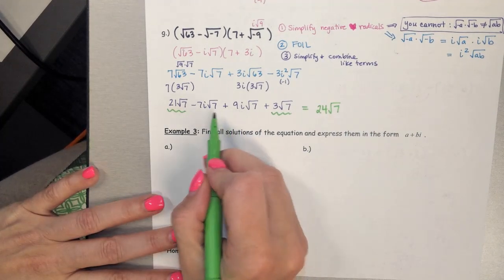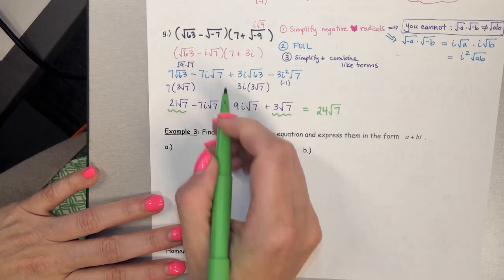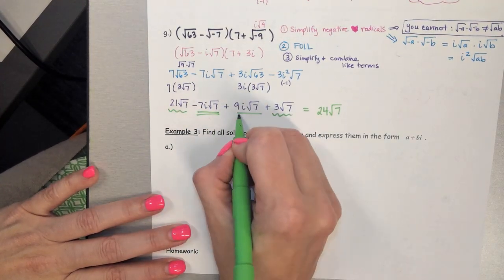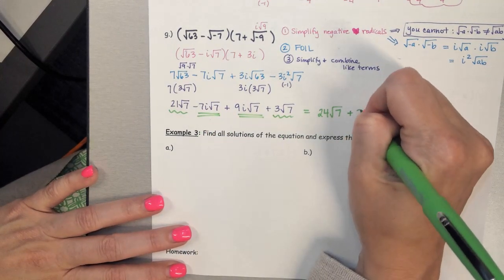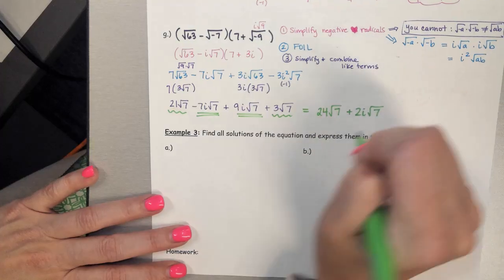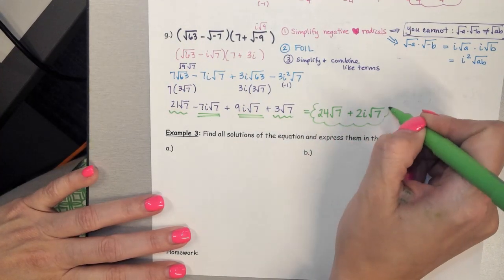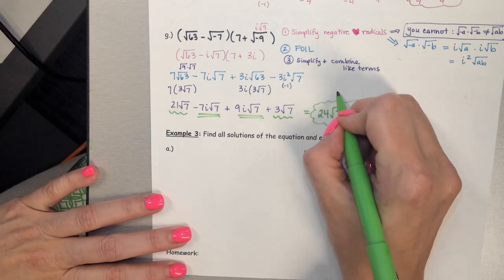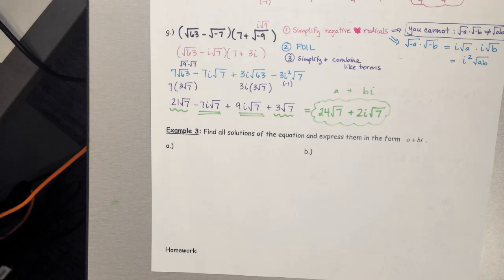And then for these, I can add them together if they have the same variables because they both have root 7. So 9i minus 7i is 2i root 7. Okay, and then it should be in this order, and again, that's because we want it in that a plus bi form still.